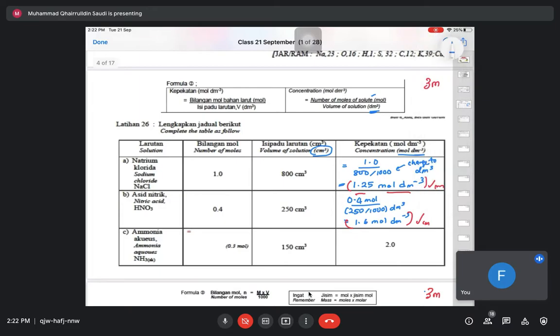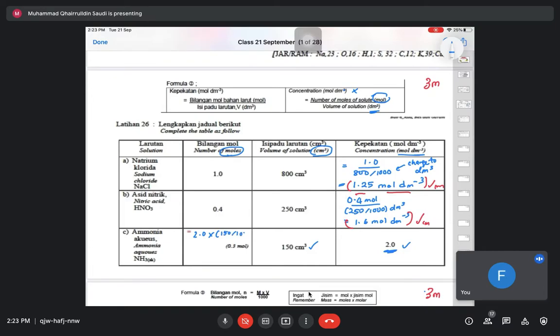Next one. They already gave you the concentration in mole per dm cube, or the molarity, and they also have given you the volume. They wanted to know the number of mole of the solute. So if we want to find the number of mole of the solute, we just take the concentration times the volume. So the concentration is 2.0 times the volume 150, but remember it must be in decimeter cube.